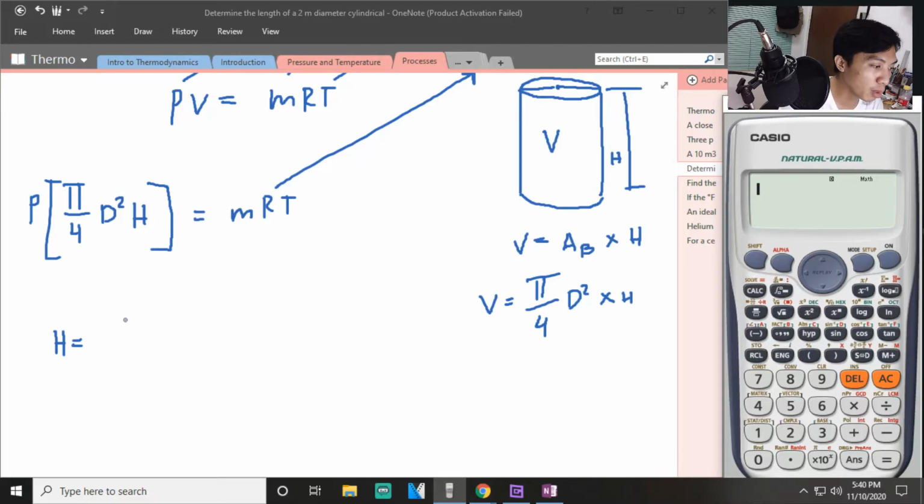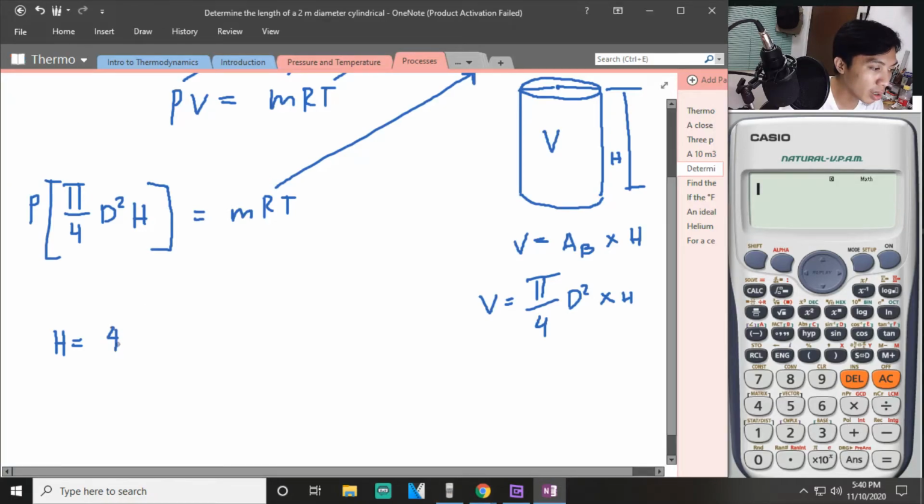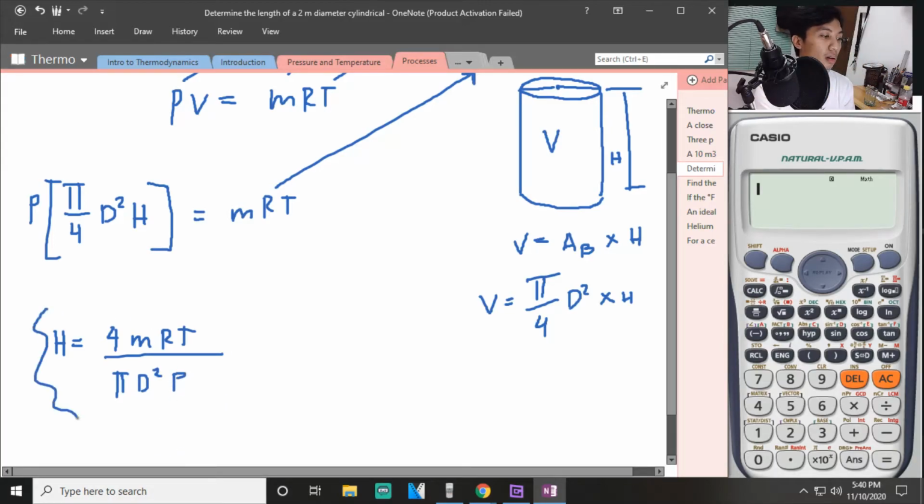So, ito 4, multiply ko na dito. 4 mRT over pi d squared P. Ito na yung nakuha mong equation. Ngayon, sir, meron tayong R bar dito.